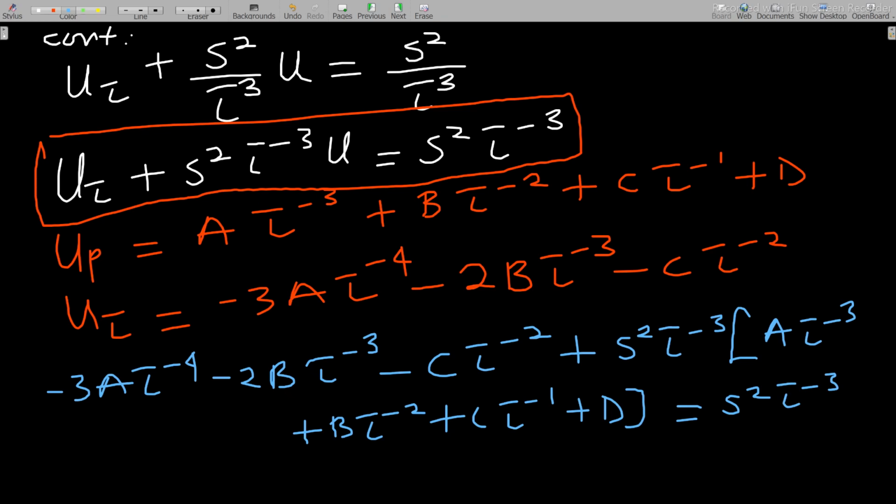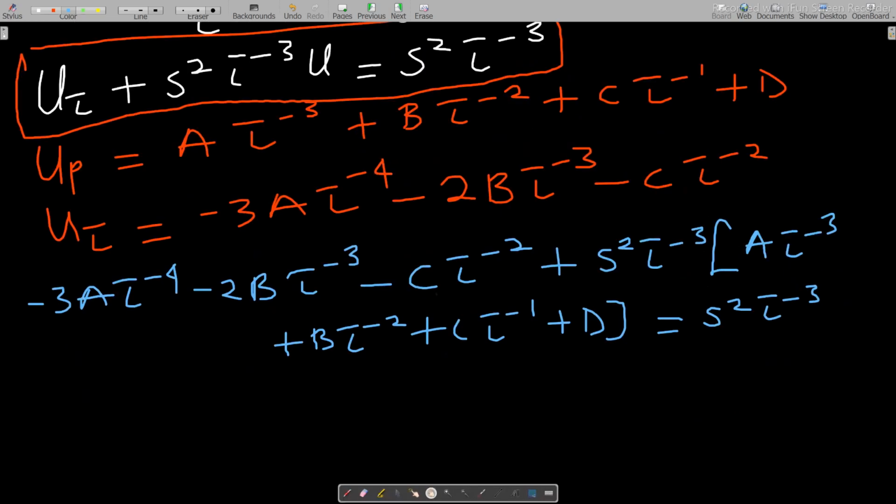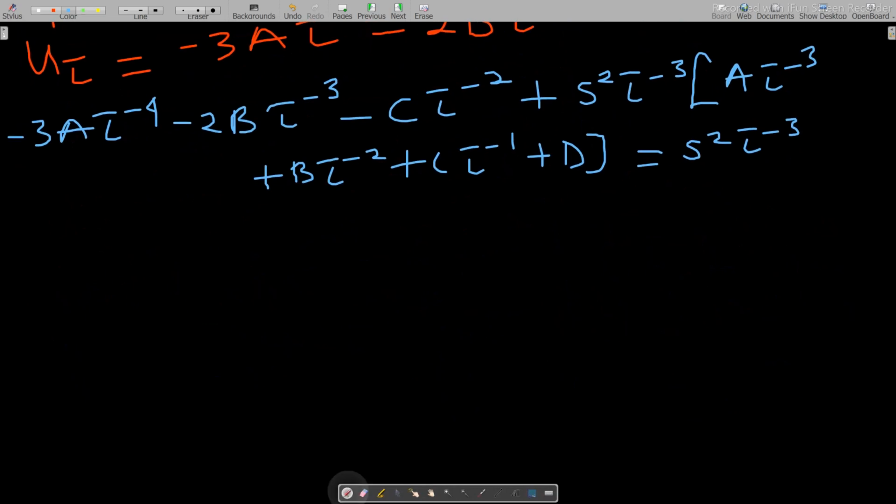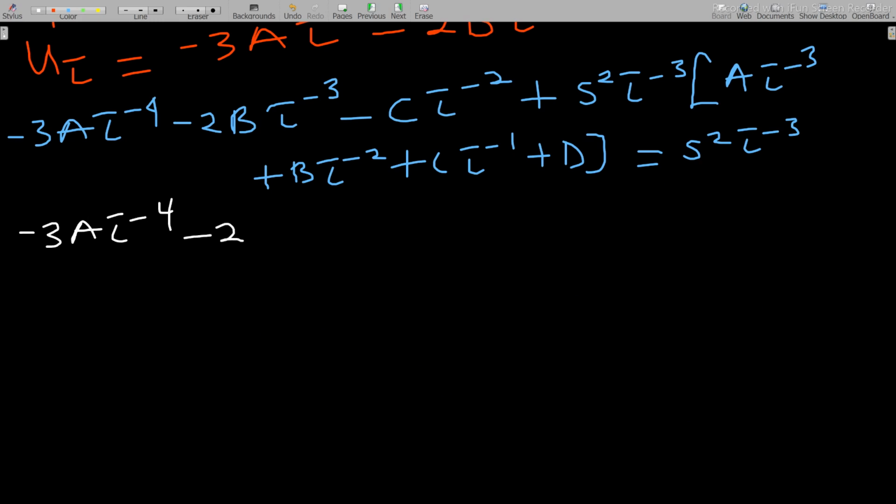So we simplify this expression and we compare coefficients. Let's push this upward like that. Now let's try to simplify this. If I simplify this, I'll get negative 3a tau to the negative 4 minus 2b tau to the negative 3 minus c tau to the negative 2 plus, then I multiply s squared tau to the negative 3 throughout this.